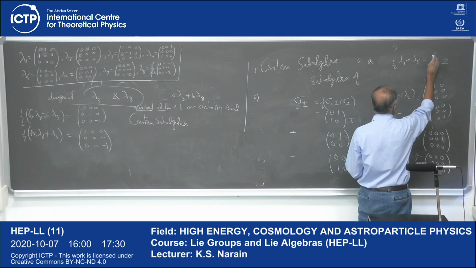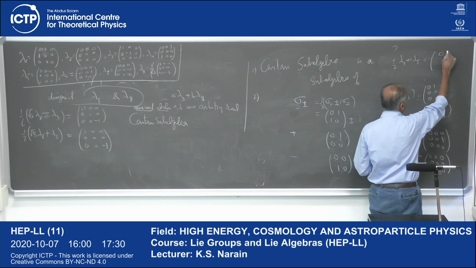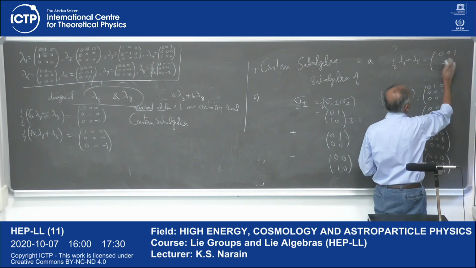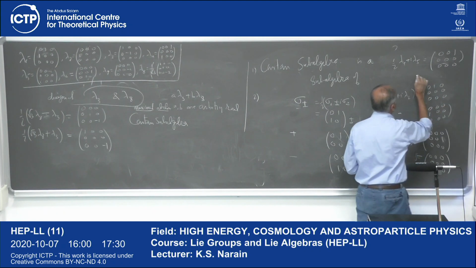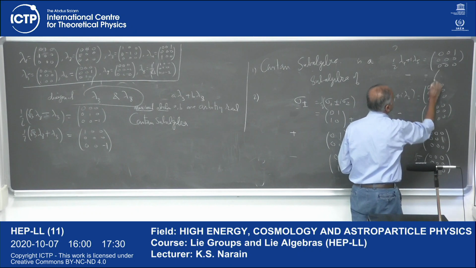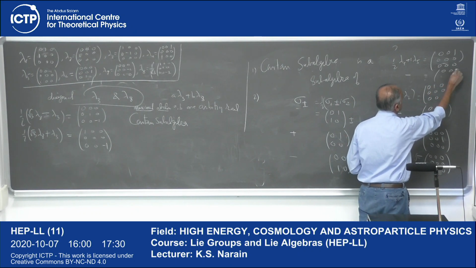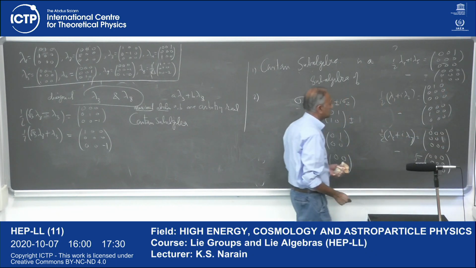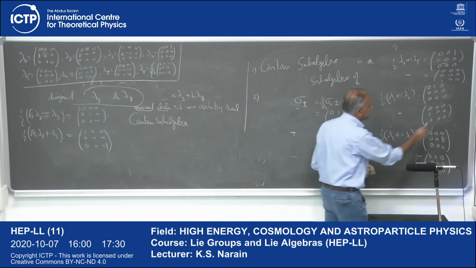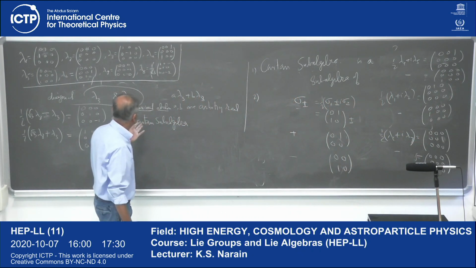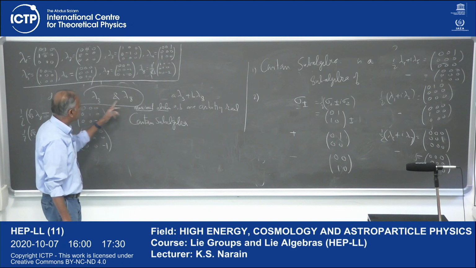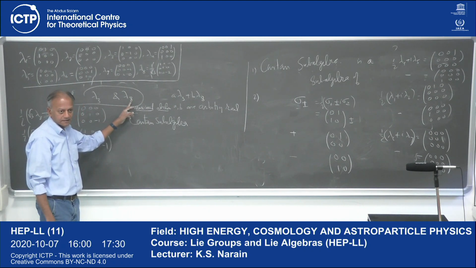In this case, this is 0, 0, 1, 0, 0, 0. And with a minus sign, this is the same as the transpose of this. Okay, and these will be the eigenfunctions for the adjoint action of lambda 3 and lambda 8.